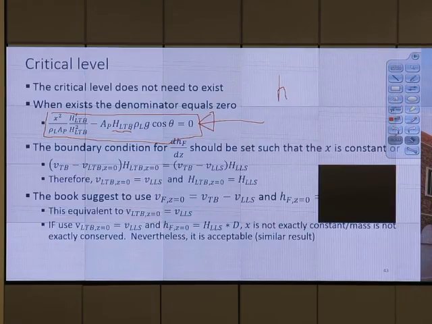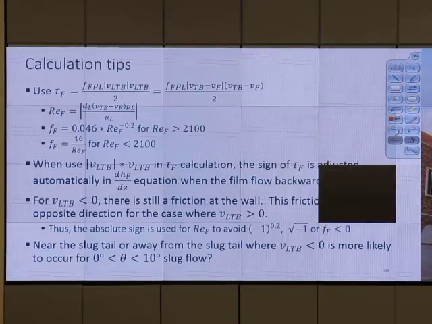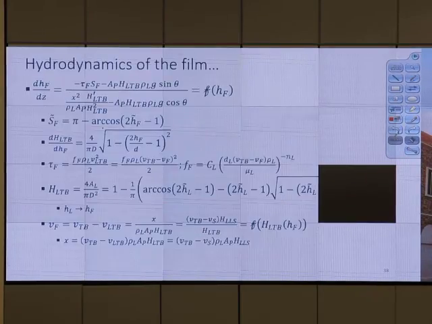Okay, so let's go back to the screen. So you can express HLTB as a function of height. Okay, so HLTB squared is also a function of height, right? Correct. What about HLTB prime? Did I talk about that earlier? HLTB prime equal to what?